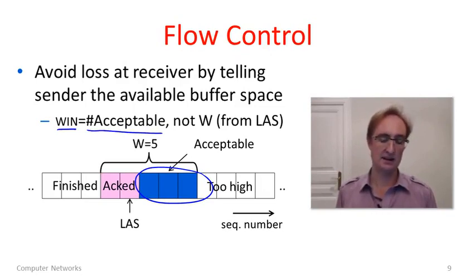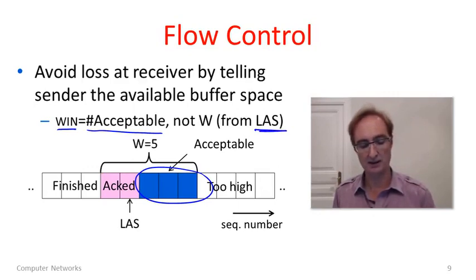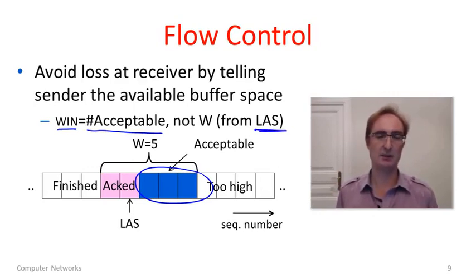We want to tell it that, and not information about W, which the sender knows anyhow. And this WIN number of acceptable buffers is measured from LAS, from where you sent the last ACK, because they're the next higher segments which could be received.